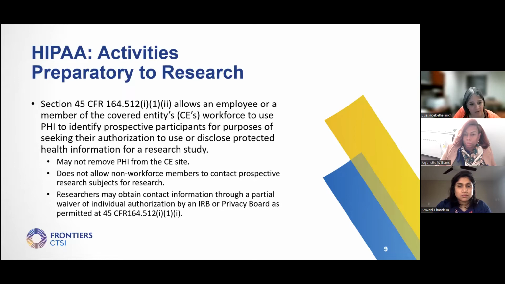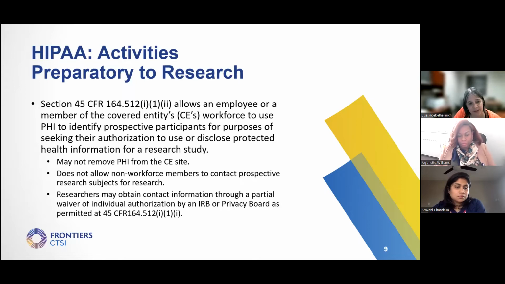Reliance on the waiver approach, if approved by an IRB for some reasons, may be the best approach because in the long run there are reduced administrative burdens that may attach for the covered entity and the researcher.